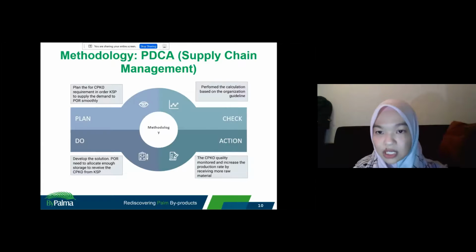Also perform the calculation based on the organization guideline, and quality monitoring, and increase the production rate by receiving much more raw material.